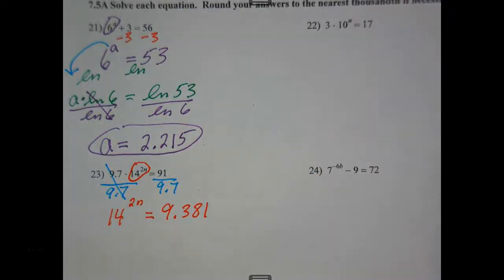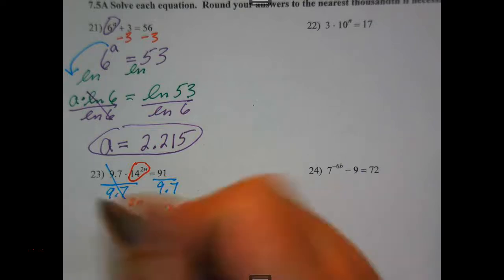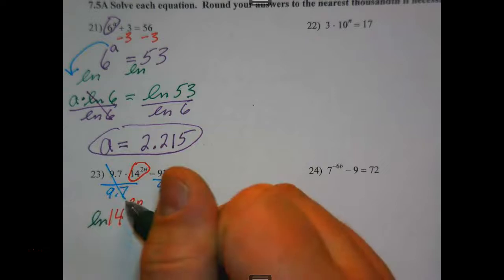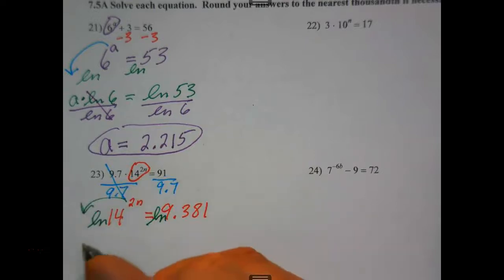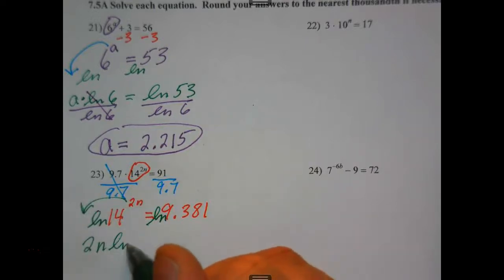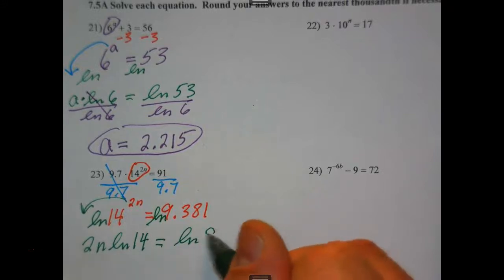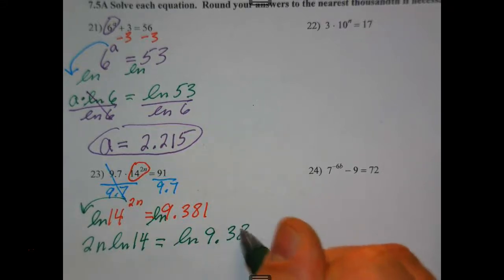Now what? ln or log, doesn't matter. Two n ln of 14 equals ln of 9.381.